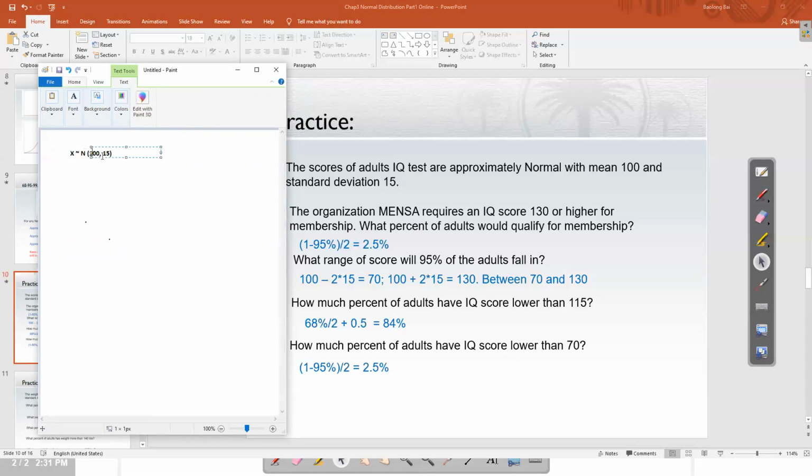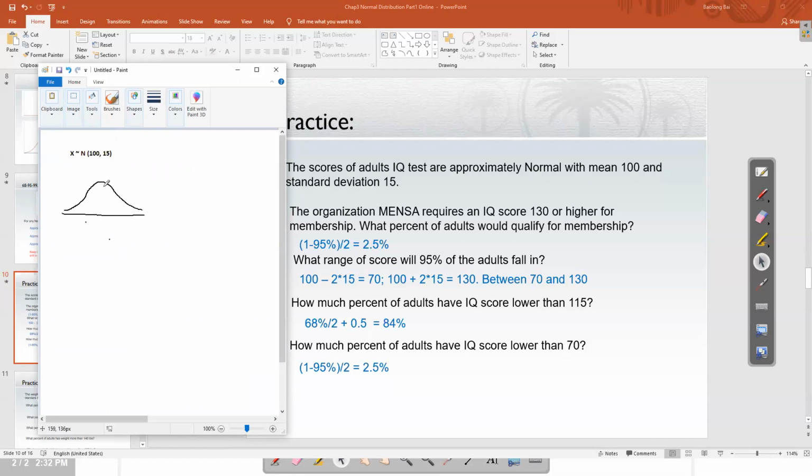So the first number is mu, the second number is sigma. Now, if we draw a density curve of this normal distribution, we have mu of 100.